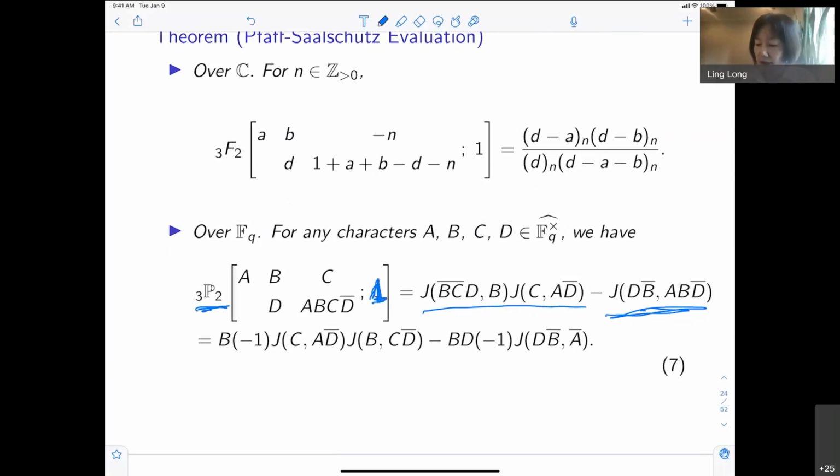In particular, the Pfaff-Saalschütz formula says that when you take the product of A, B, C, it is the same as the product of the lower characters, which also multiply to A, B, C. So you will get 2 Jacobi sums, each of absolute value square root q to start with. This one will in general be square root q times square root q, which is the major term, and this is square root q as the minor term. So there is a discrepancy here about the absolute value.